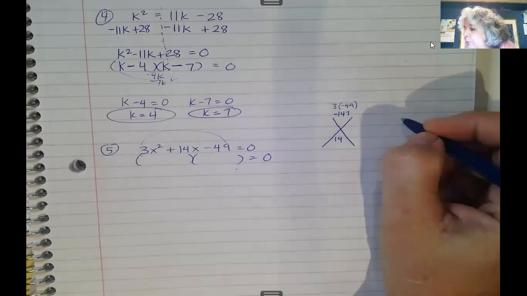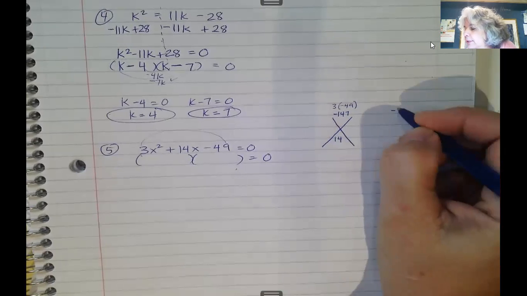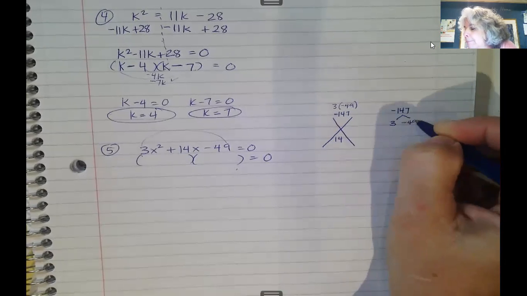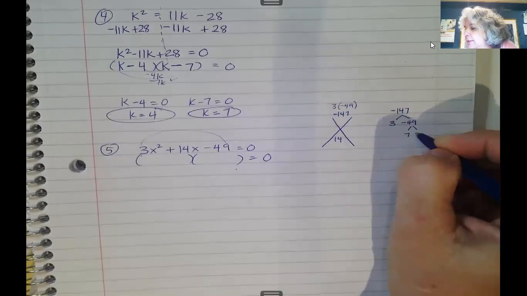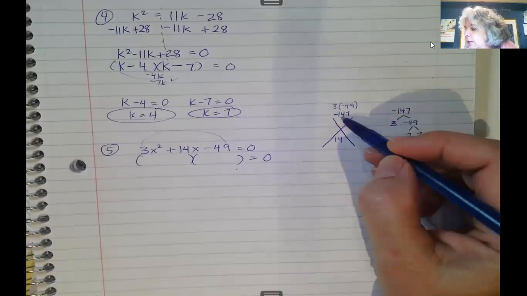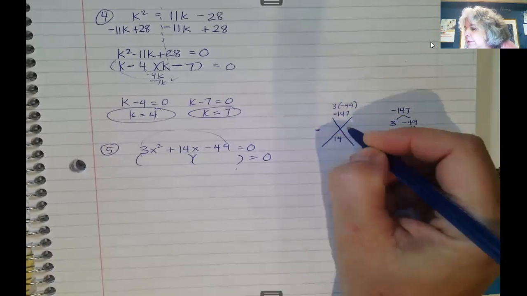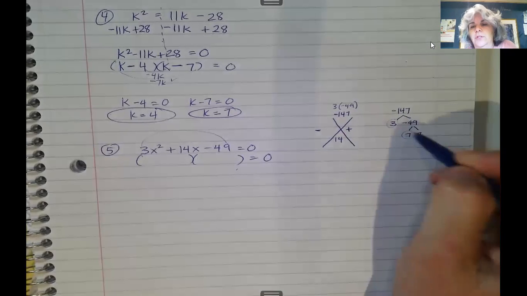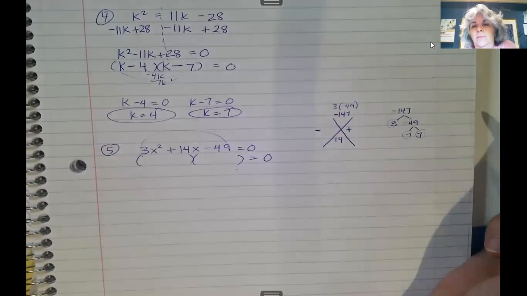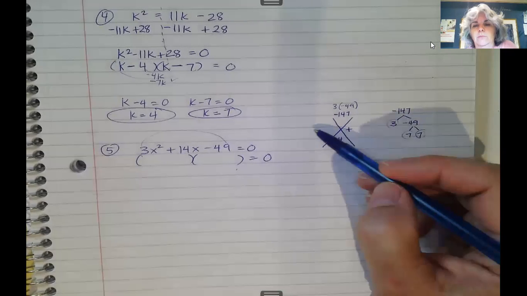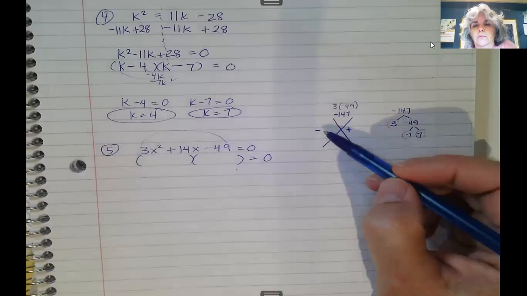Okay, so let me break this apart. I know negative 147 is 3 times 49. And I know 49 is 7 times 7. If this is a negative, then I also know one of these is negative and one of these is positive. So I have to think of a way to combine these prime factors so that when I subtract the numbers, I'm going to get a positive 14.